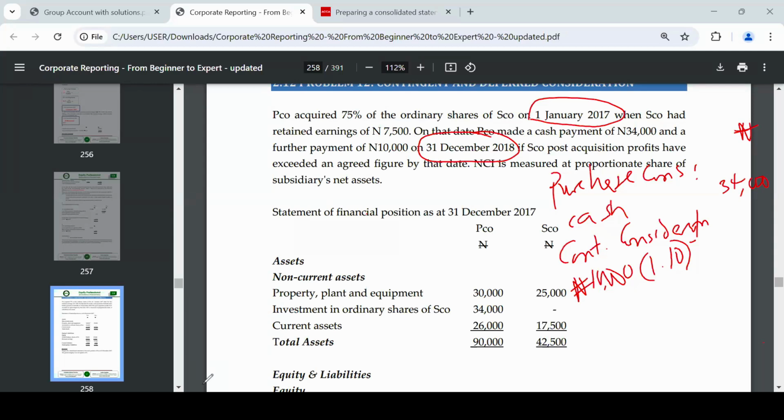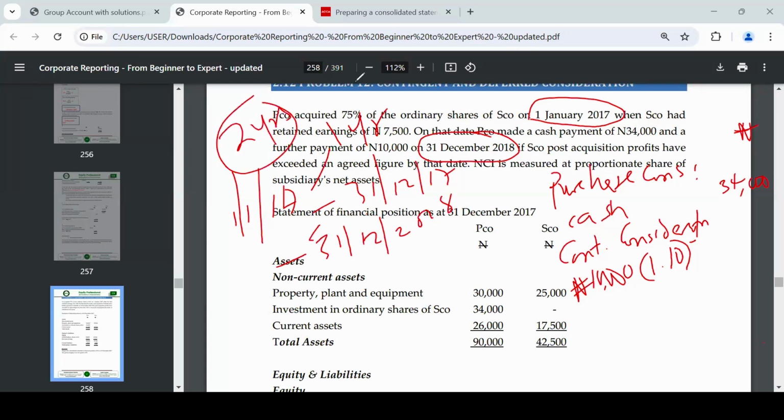From 1st of January 2017 to 31st December 2017 is full 1 year. I mentioned that earlier. And now from this date down to 31st December 2018 is another full year in between. So because it's very easy to say, oh, 2017, 2018, I want to count 1 year. Always take full consideration of which date it is, okay?